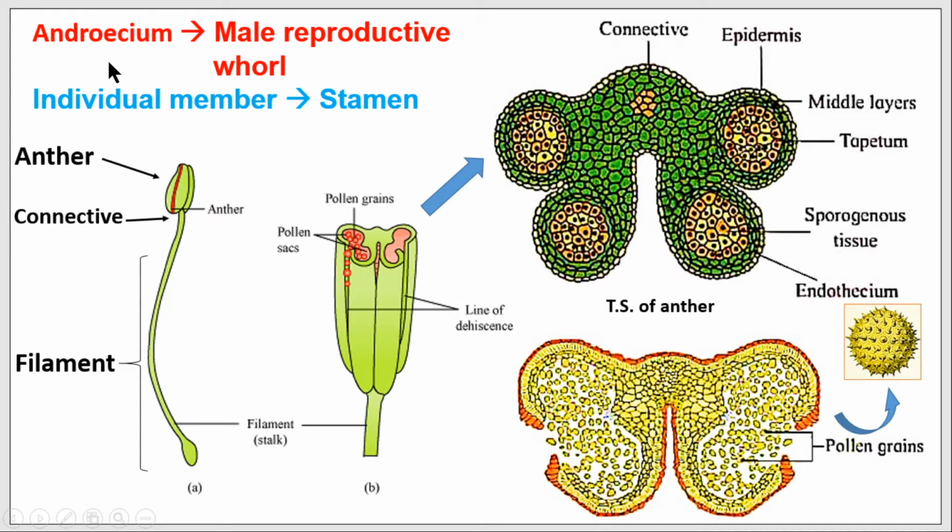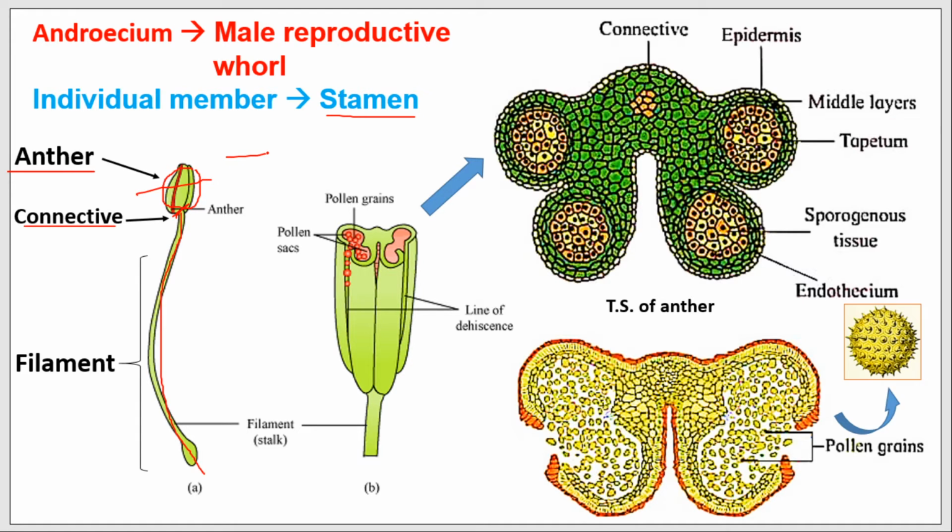Now let us take androecium first, which is a male reproductive whorl. The individual member of androecium is called a stamen. The stamen shows anther, the connective and filament.